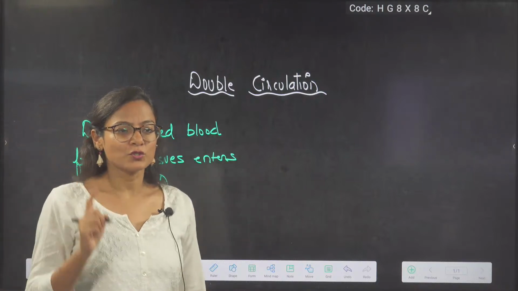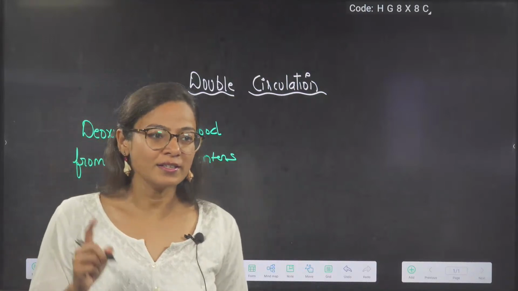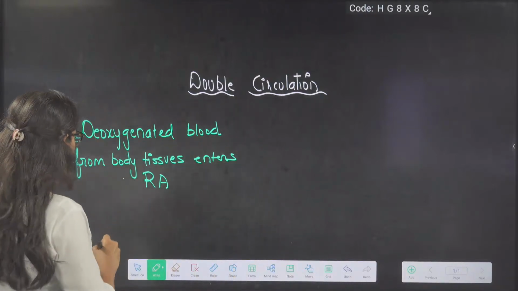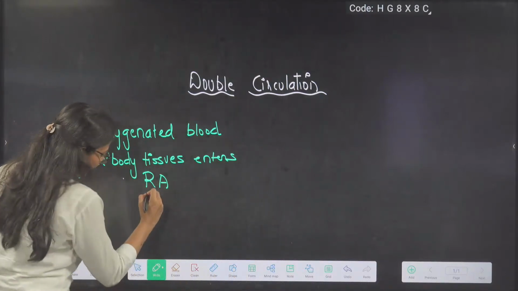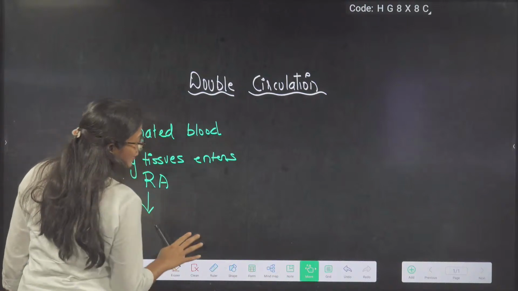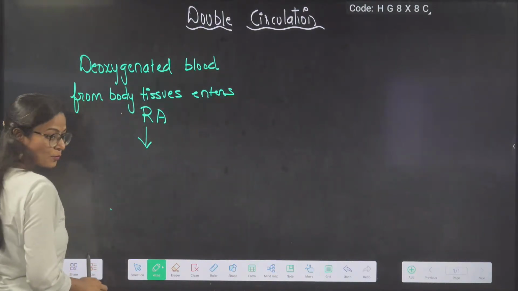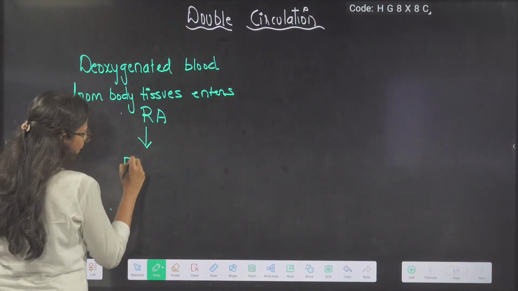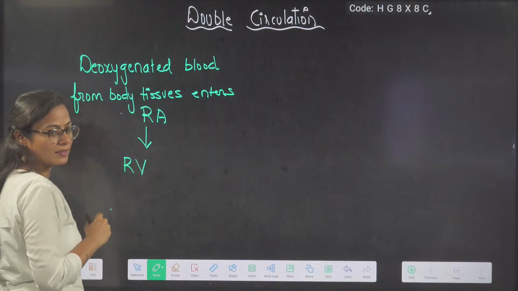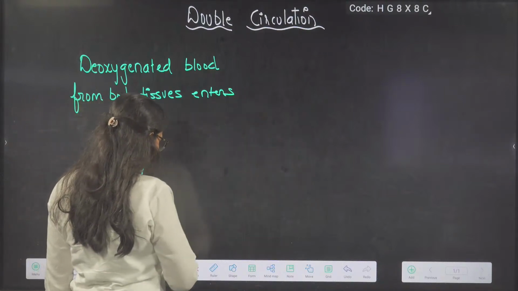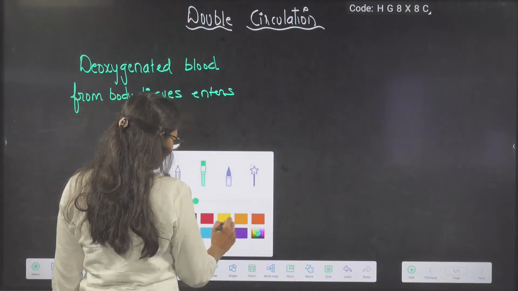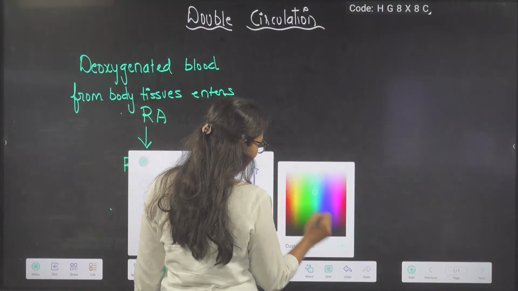Through what? Through superior and inferior vena cava. Very good. And then upon entering right atrium, what happens? The valve will open and this blood will go to right ventricle.